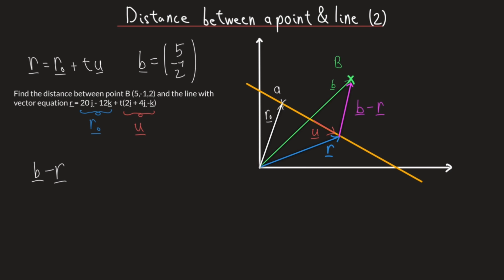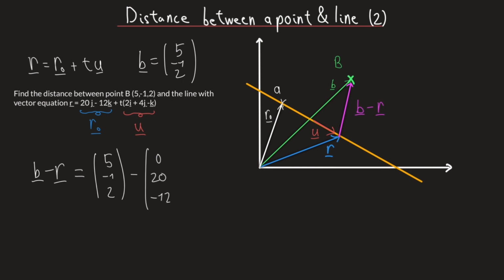And therefore b minus r will be equal to 5, -1, 2 minus r. If we write the vector r in coordinate form, we will have nothing in the i hat direction, so 0, 20 in the j hat direction, and -12.